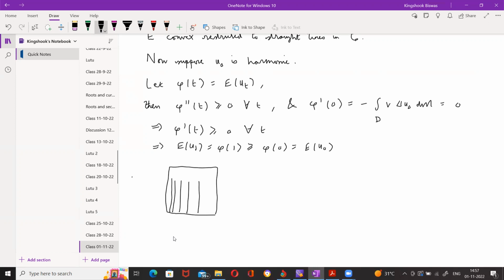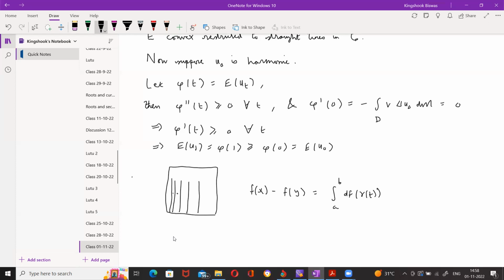Now, if I want to estimate the difference between f(x) and f(y), when they are in two parts like this, how do I estimate? Normally, f(x) minus f(y), I write as the integral over some curve joining them, of df of gamma t, from a to b, where gamma is a curve joining the points x, y.